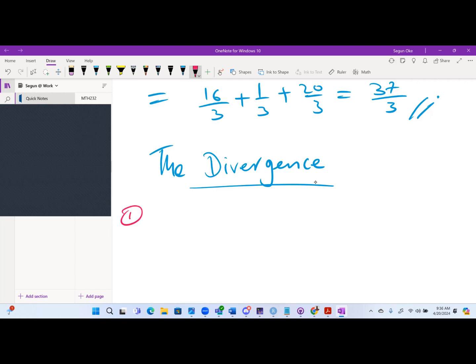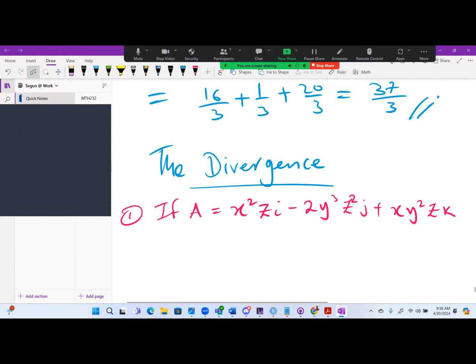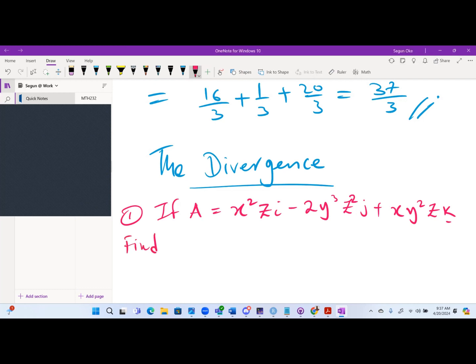Number one example says, if A is equal to x squared z i minus 2y cubed z squared j plus xy squared z k, the question says find del dot A or div A. Where you see these, they're talking about divergence at the point (1, -1, 1).